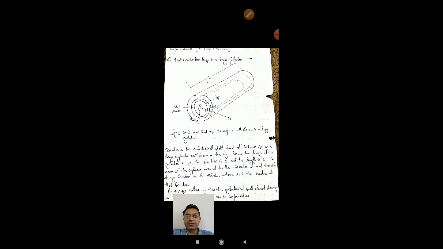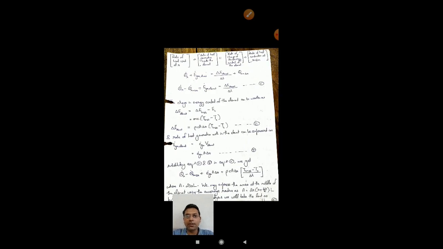Moving to the next slide, where the energy balance equation is shown. Students, you can compare it with the large plane wall energy balance equation; these are the same. There also I wrote the same equation.